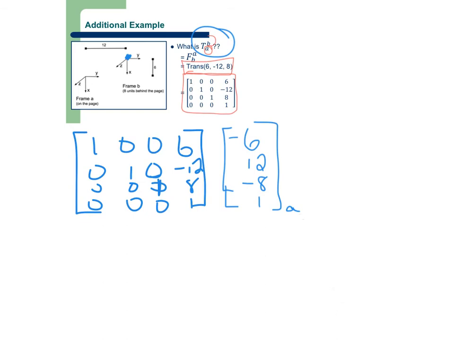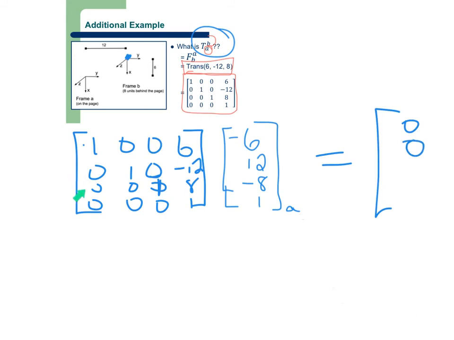And if you multiply this out, I'm hoping you can do these multiplications. We get -6 plus 0 plus 0 plus 6. So that gives me 0. And then I have 0 plus 12 plus 0 plus -12. So that also is 0.